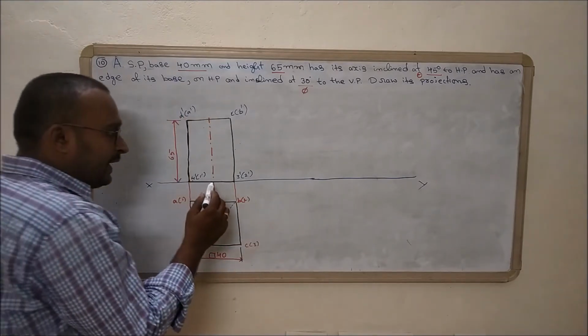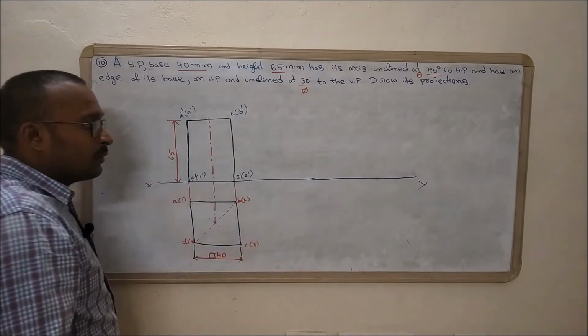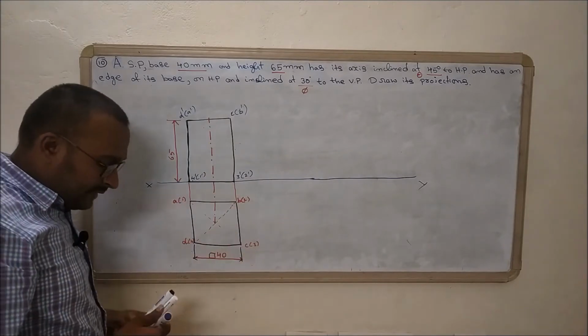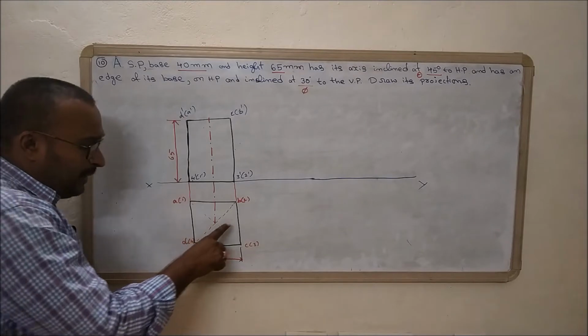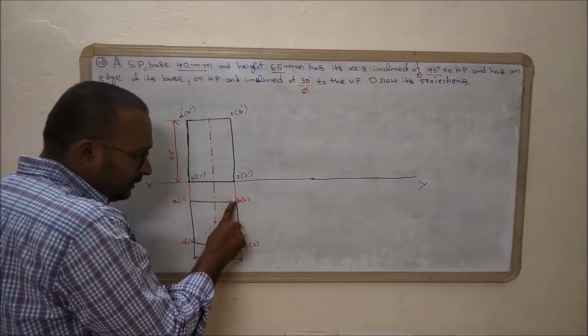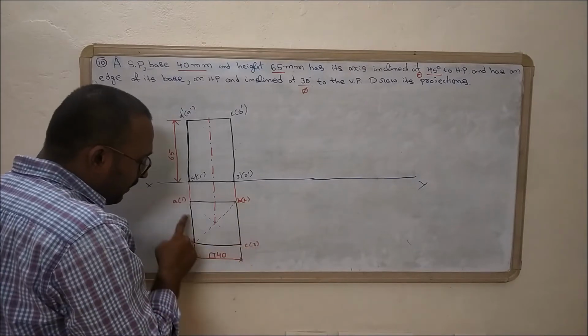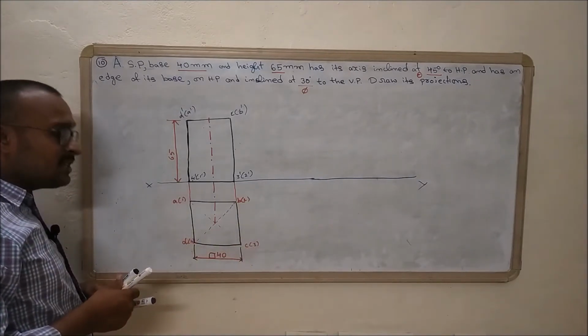Then we need to rotate this particular axis at an angle of 45 degrees to the ground, either this way or this way. Whatever it is, it's our convenience. But it should be resting with its base edges on HP, so that either the 2-3 or 1-4 base edge lies on HP.